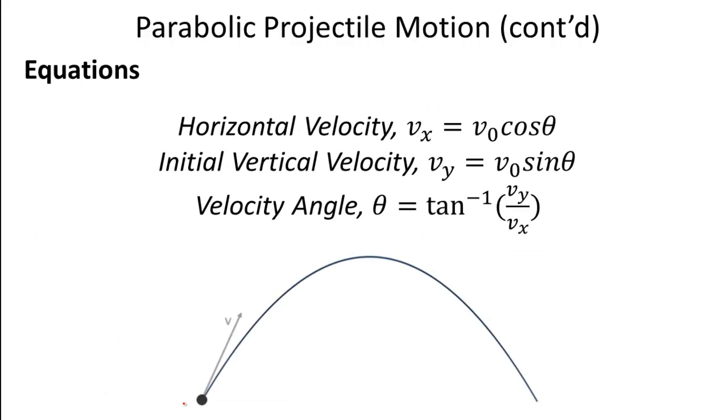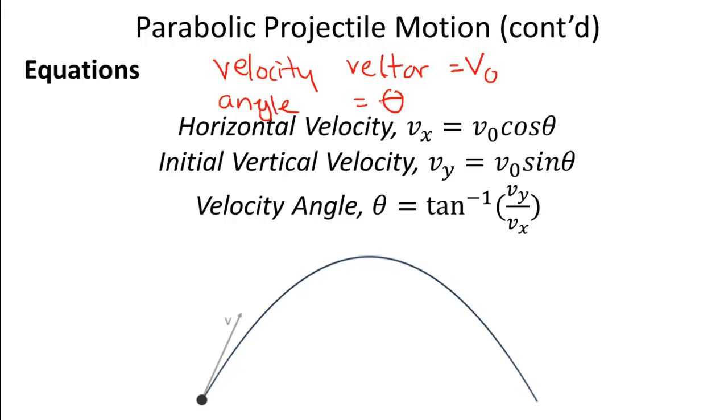Three more important formulas here. Many of these problems are going to give us the initial velocity vector, and that's going to be equal to v sub 0. And then they're also going to give us the angle of the trajectory, and that's going to be equal to theta.